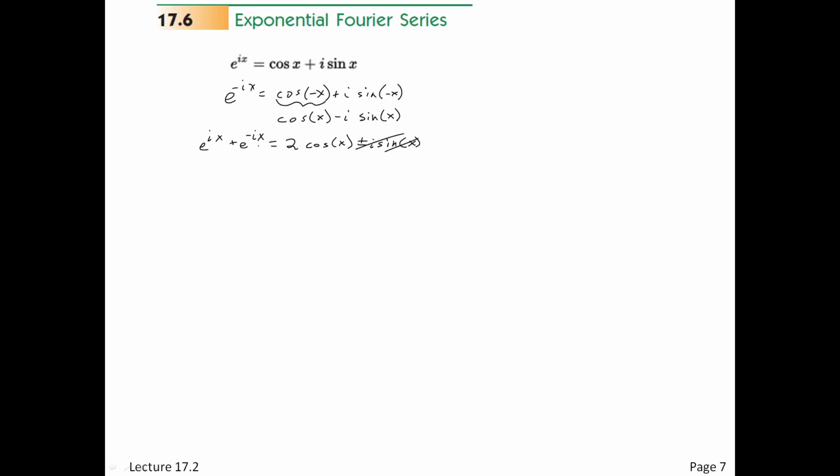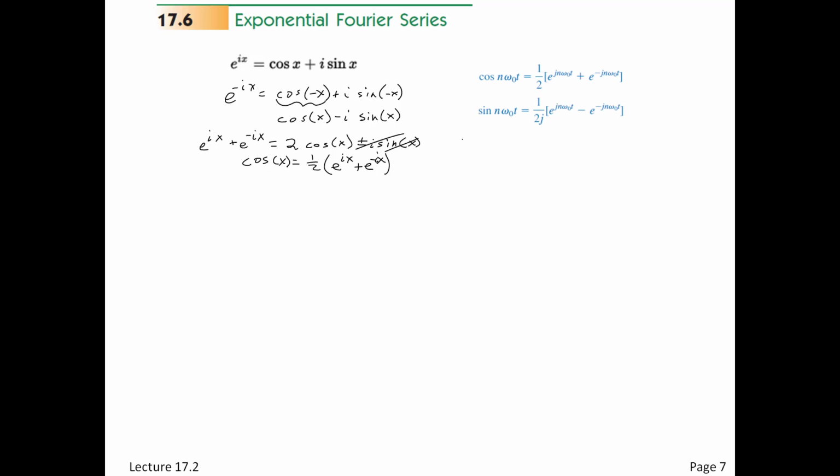That will take that term out. And we get cosine of x in exponential form is 1/2 the sum of the positive exponent plus the minus I exponent, keeping in mind I and j are the same.